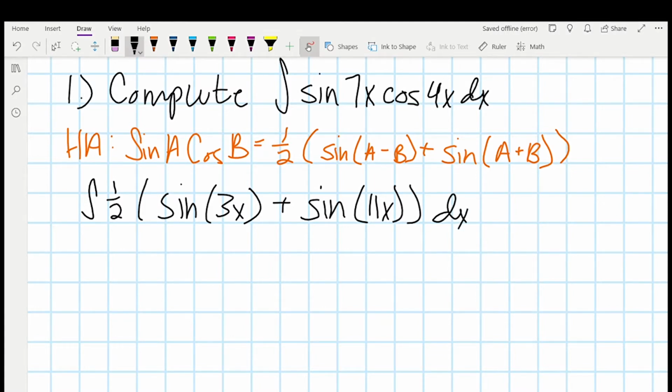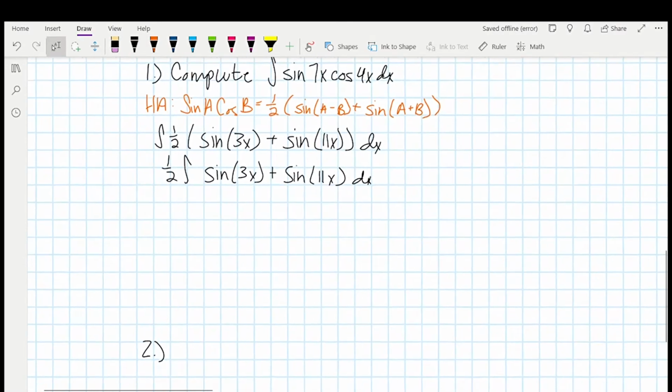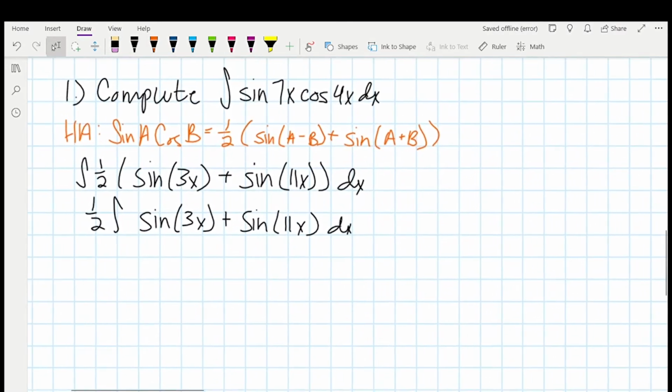I can go ahead and move the 1/2 out. Moving it out, you get sine of 3x plus sine of 11x dx. And now we have it to a point where we can actually integrate it.